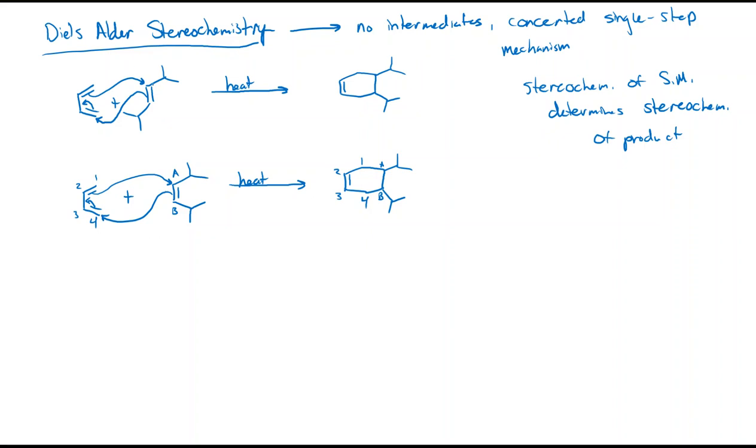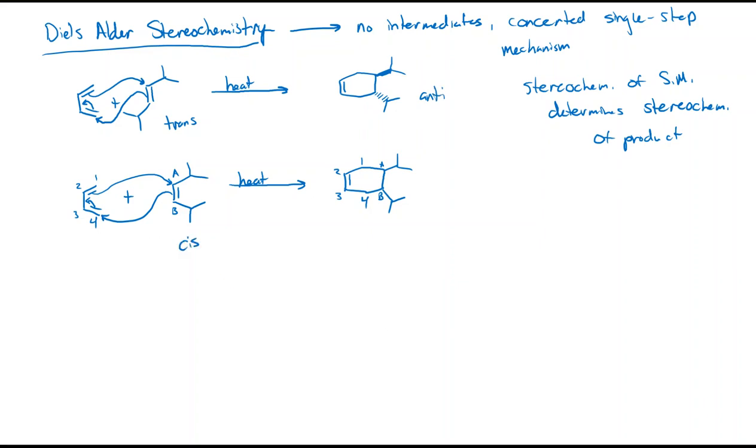So in this case, when we start with the isopropyl groups opposite each other, we have a trans double bond over here, we're going to get the anti-relationship between these two isopropyl groups in the product. So we get the trans double bond, we get the anti-relationship in the product.